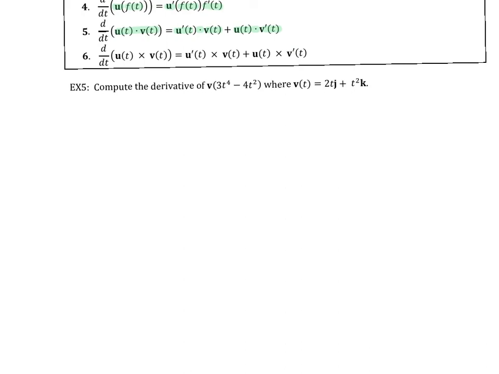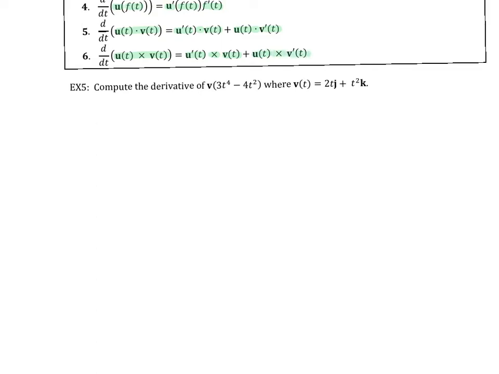6 is where I would caution you to work on the left. If you cross two vectors and take its derivative, then again, it's going to be similar to the product rule, where you're going to take the derivative, cross, keep, plus keep, cross, derivative.